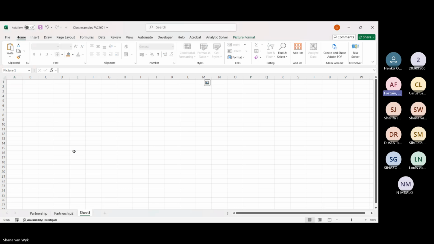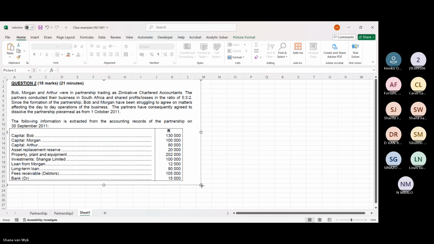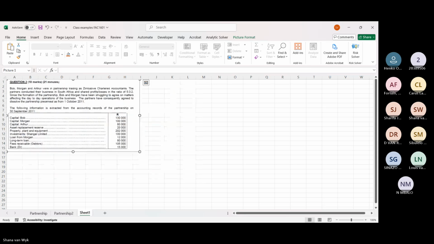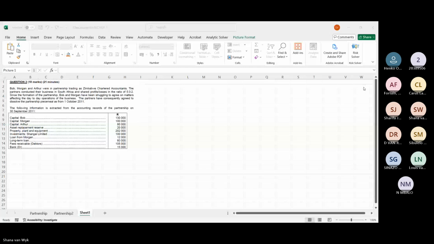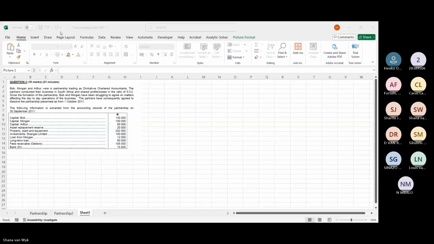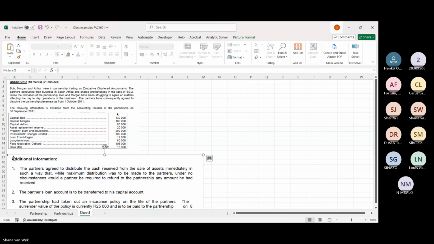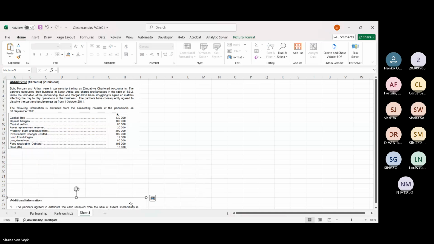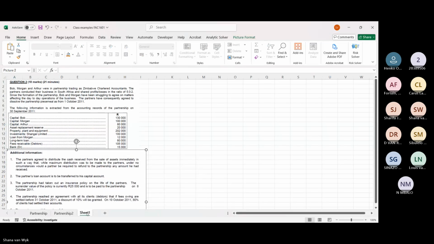Let me see if I can snip it. Okay, for those that need the question, they have snipped it rather.